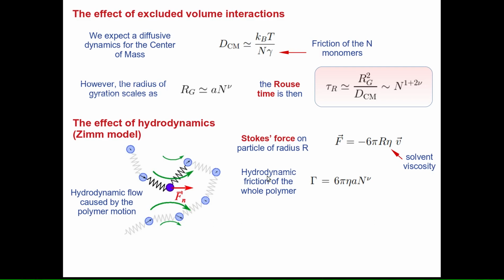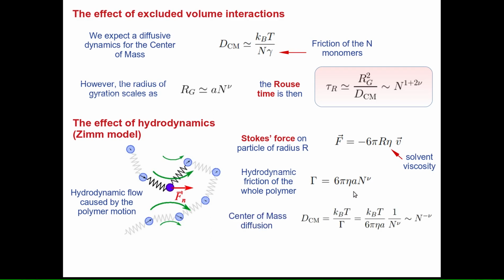We can use the Stokes formula to deduce the hydrodynamic friction due to the resistance of the fluid on the whole polymer. This will be given by 6 pi eta times, instead of the particle radius r, the radius of gyration of my whole polymer, which scales as n to the power nu.